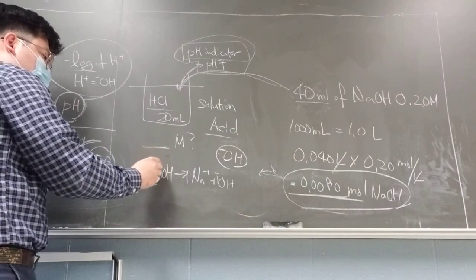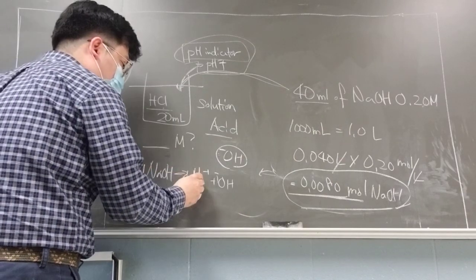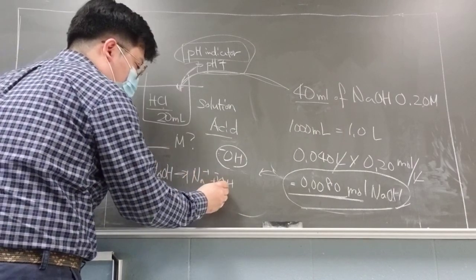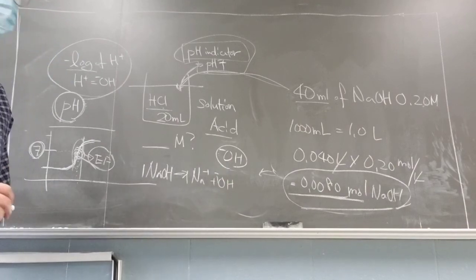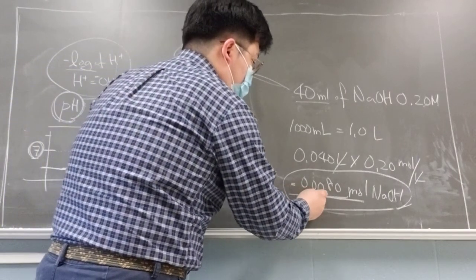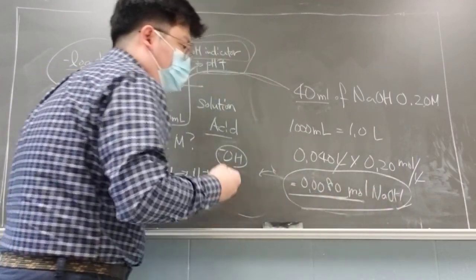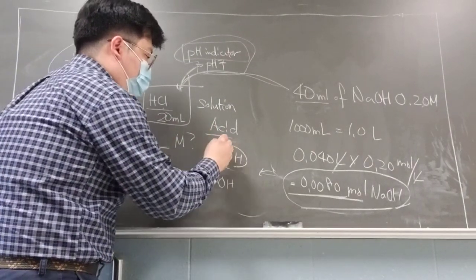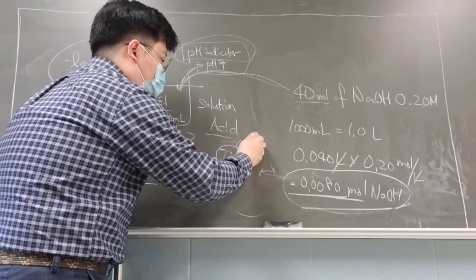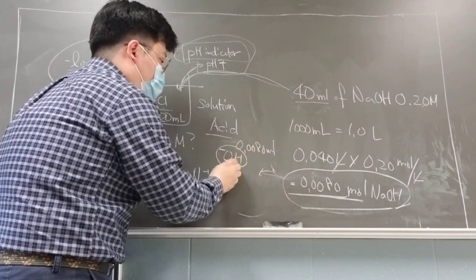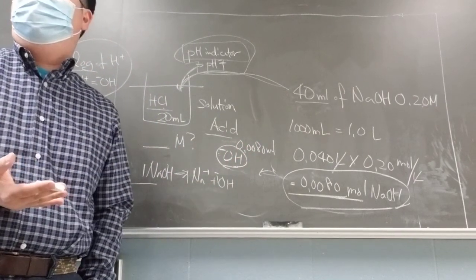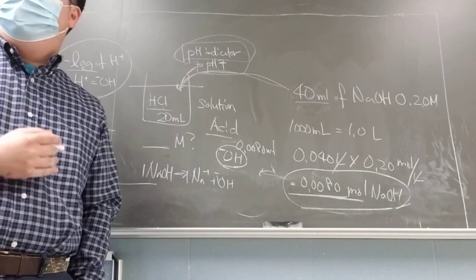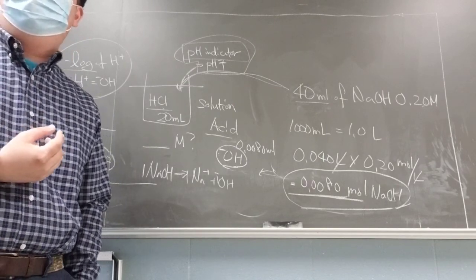If you have 1 mole of this one, you have 1 mole of sodium cation and 1 mole of hydroxide anion. If you have 0.008 moles of NaOH, in aqueous solution that is the same as 0.008 moles of OH minus as well. It's the same meaning, right? Because it's dissolved, right? Okay.